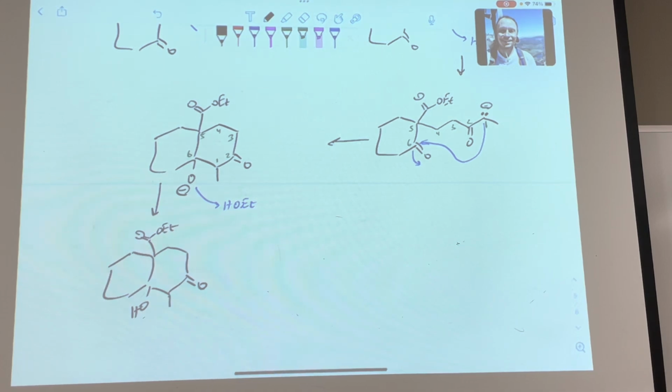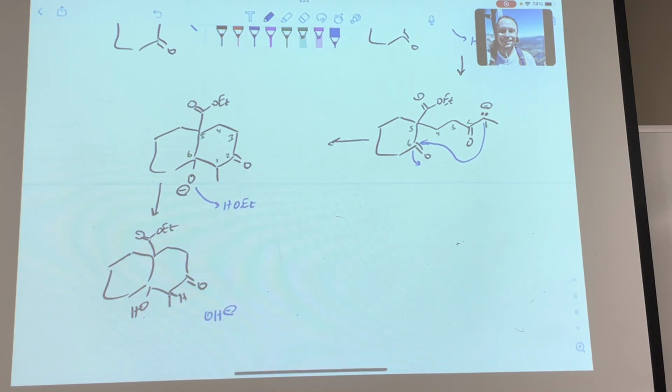And again, here we are at that position where we have a beta hydroxycarbonyl compound, which we know usually we can't isolate. But we do have an acidic proton still.